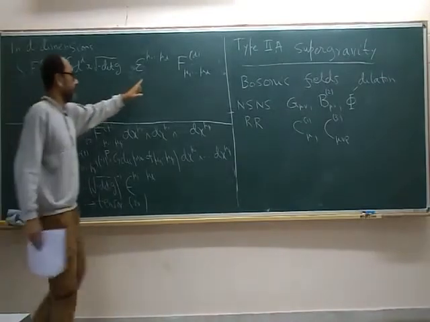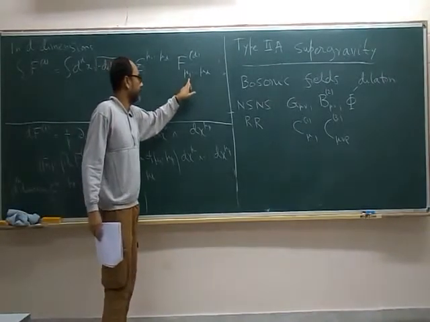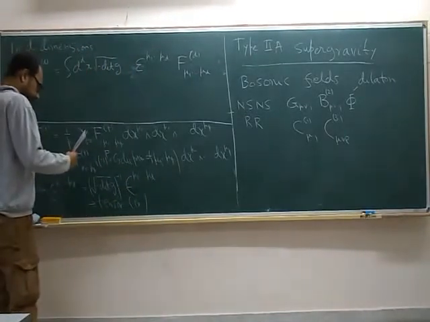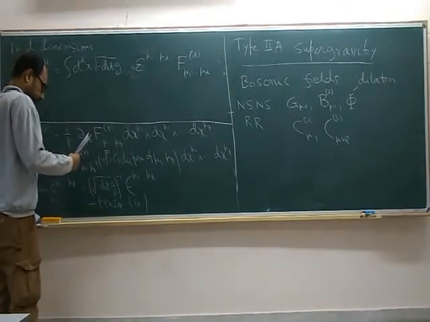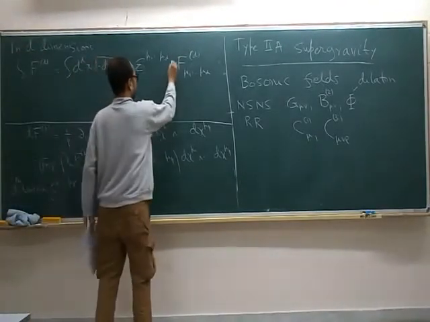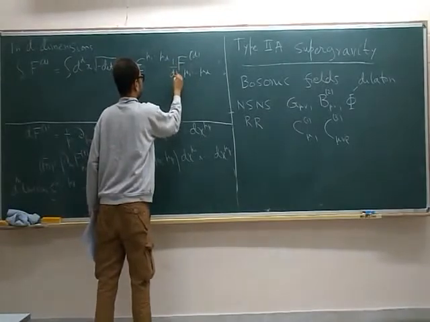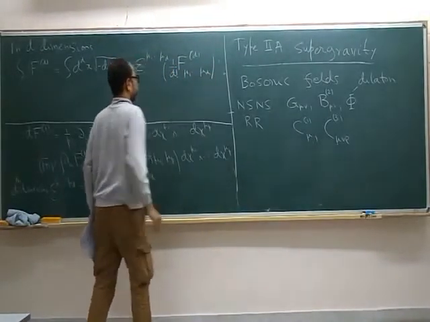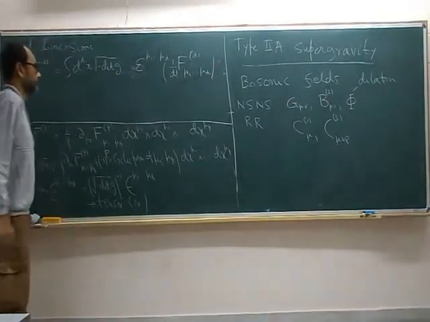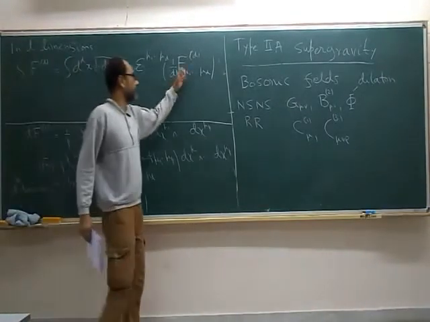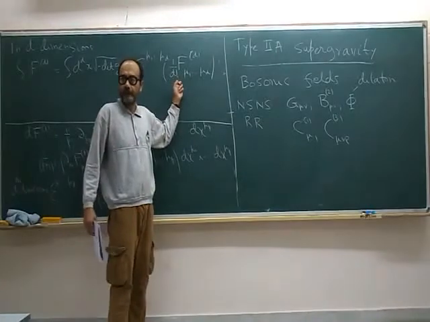Now, if you use this formula, it's not quite this; it's 1 over d factorial, because 1 over d factorial comes when you define the differential form in terms of f.